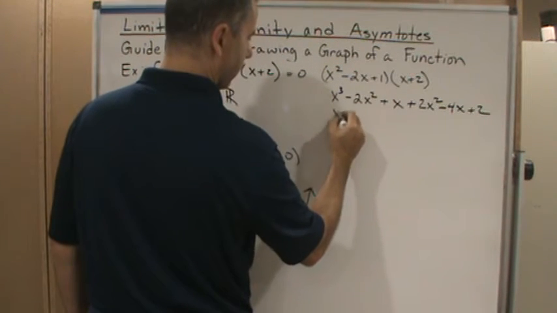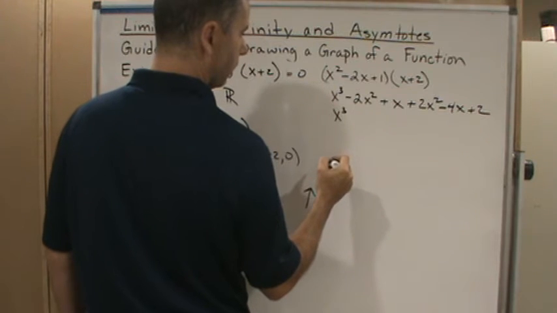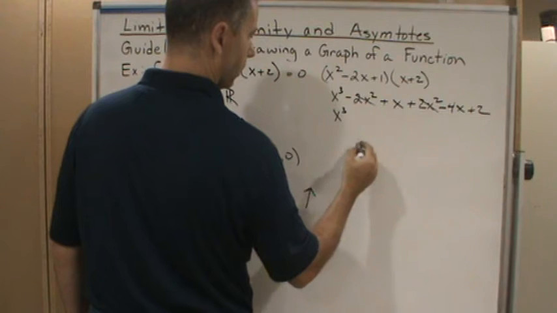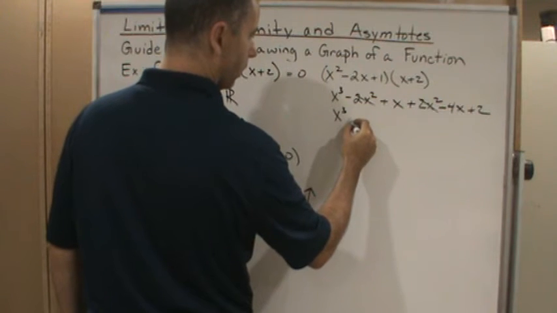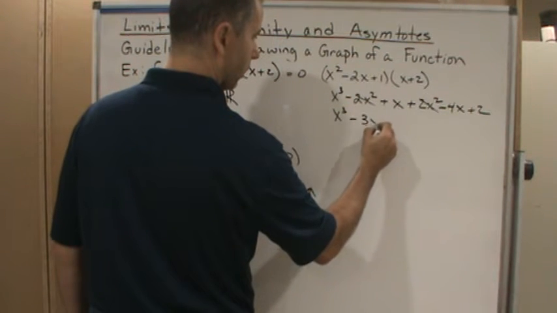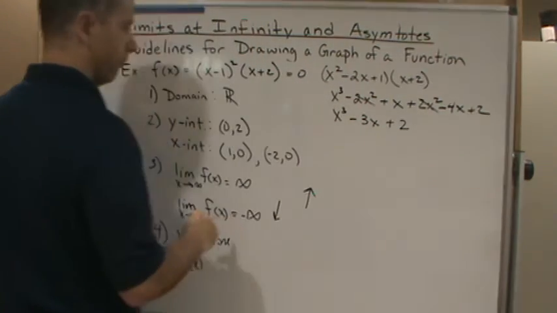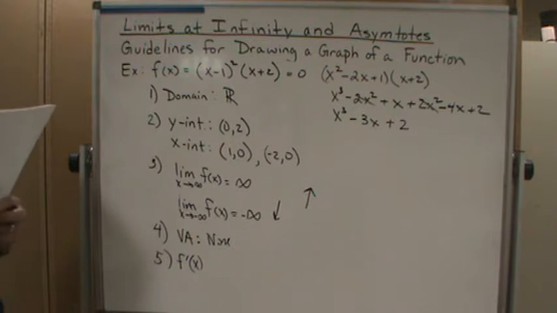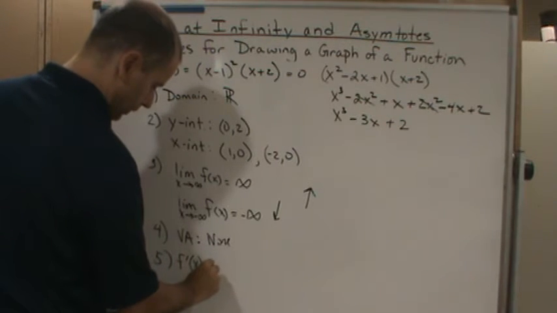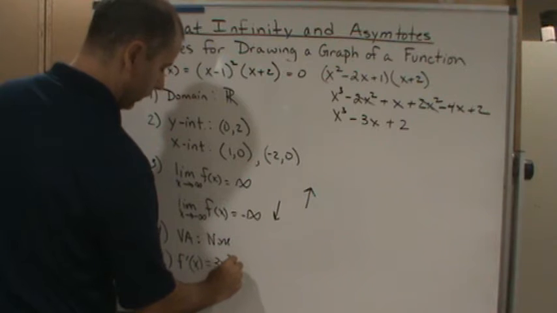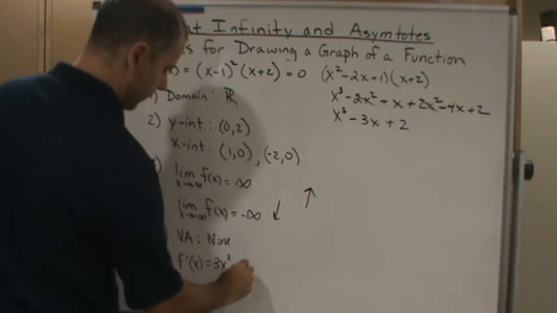So we get x cubed minus 3x plus 2. Now the first derivative is going to be 3x squared minus 3.